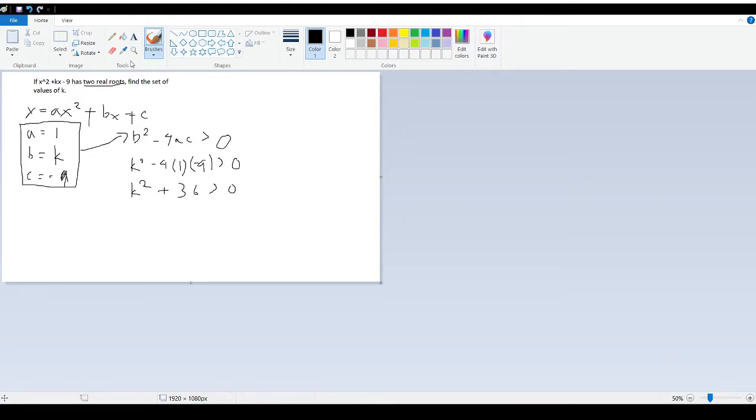Well, it appears that I have to rephrase this question because it seems that every value of k actually satisfies that. You see, whether that k squared bigger than 36, you can't square root a negative number.